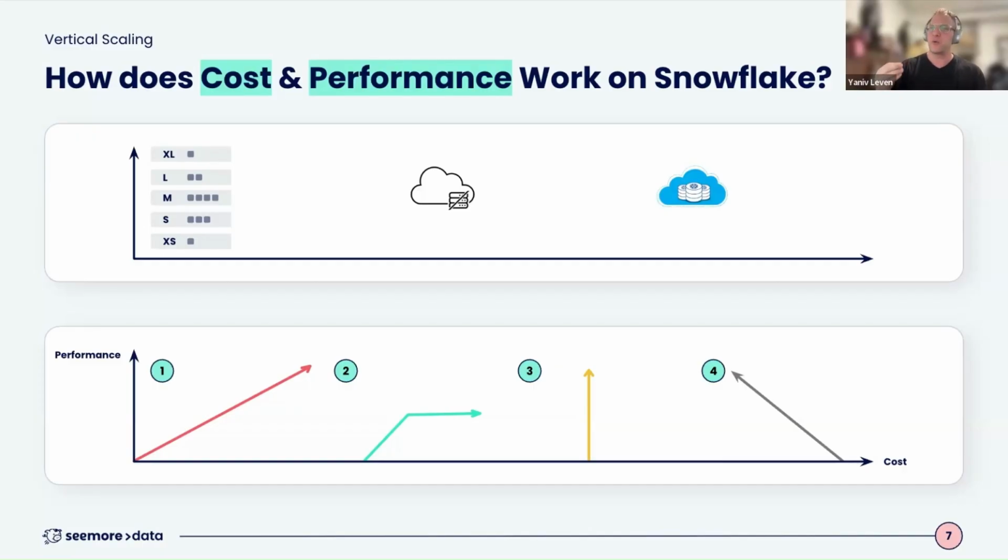So a specific query can behave like number two if you decide to move between a small warehouse and a medium warehouse, and it can behave like number three if you decide to move between a medium warehouse and a large warehouse. The thing is that when you look at a group of queries, the group of queries usually does behave like number one. But the individual query can behave like number two, number three, and number four.